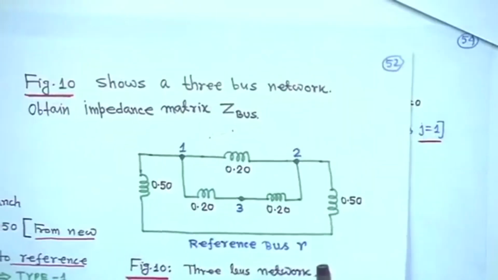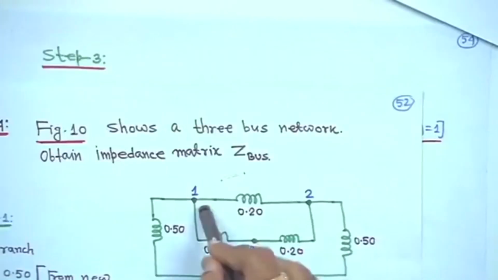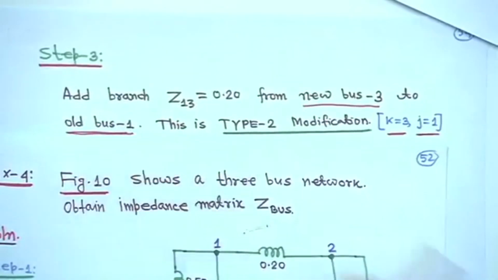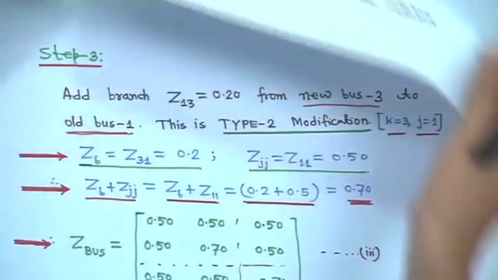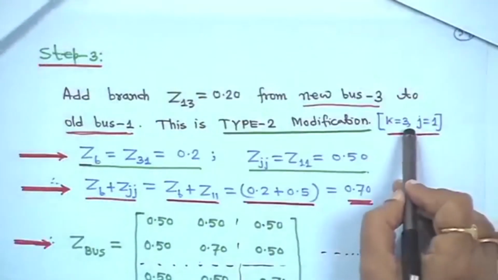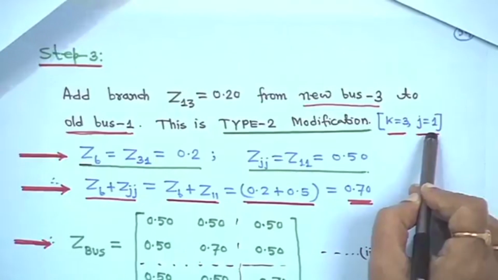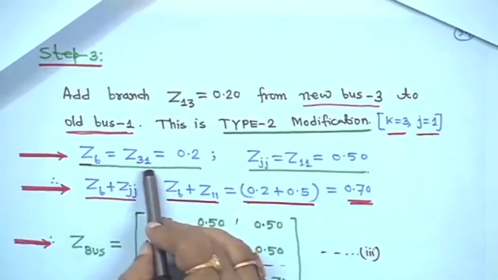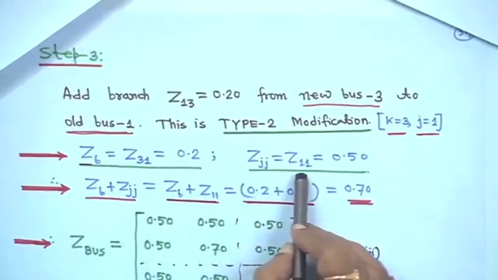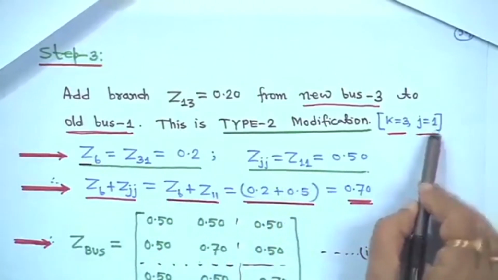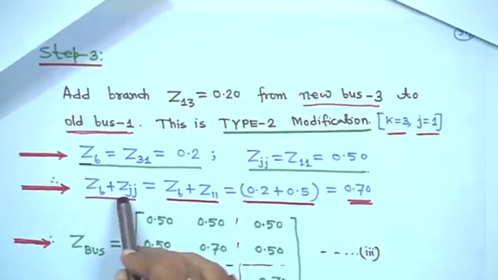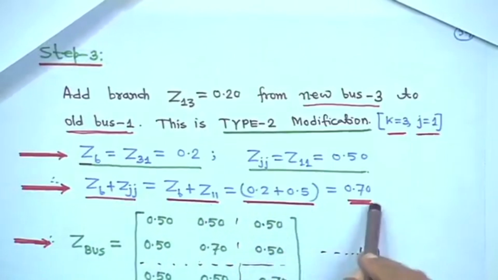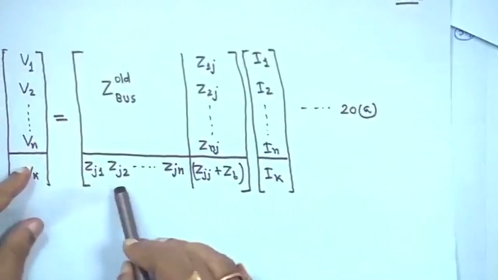That means new bus k is equal to 3 and j is equal to 1. Zb is Z31, which is 0.2, because 3 to 1 is 0.2, and Zjj, that is Z11, is 0.5. So Zb plus Z11 is 0.2 plus 0.5, that is 0.7.